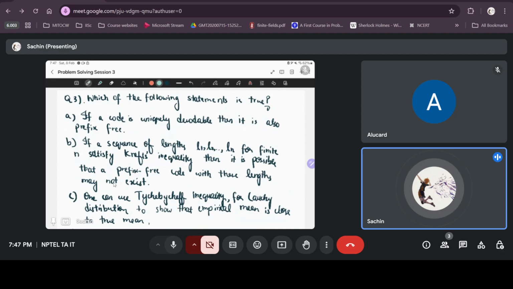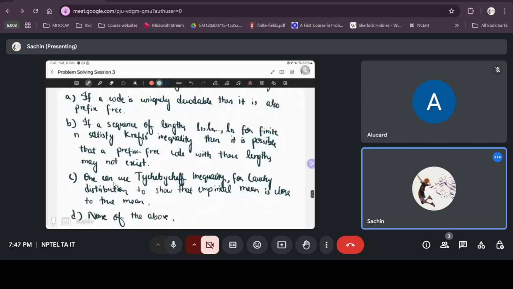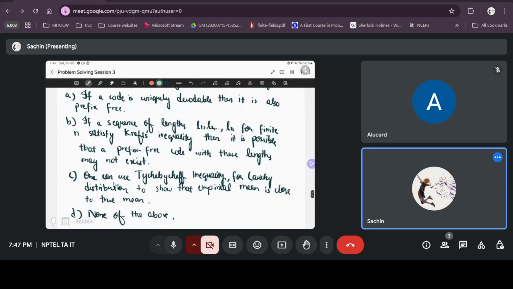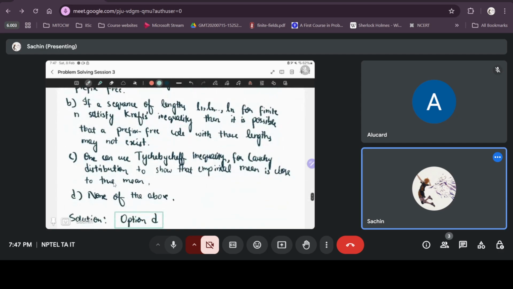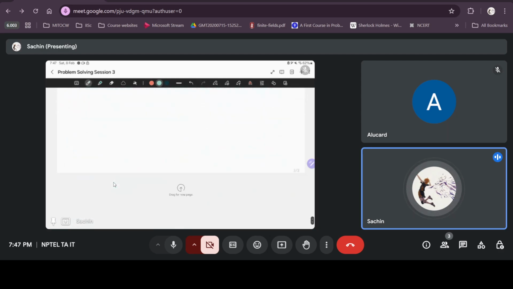And similarly, the third statement is also false. So none of these are true statements. For more explanation, you will just have to go back and see the lecture videos.